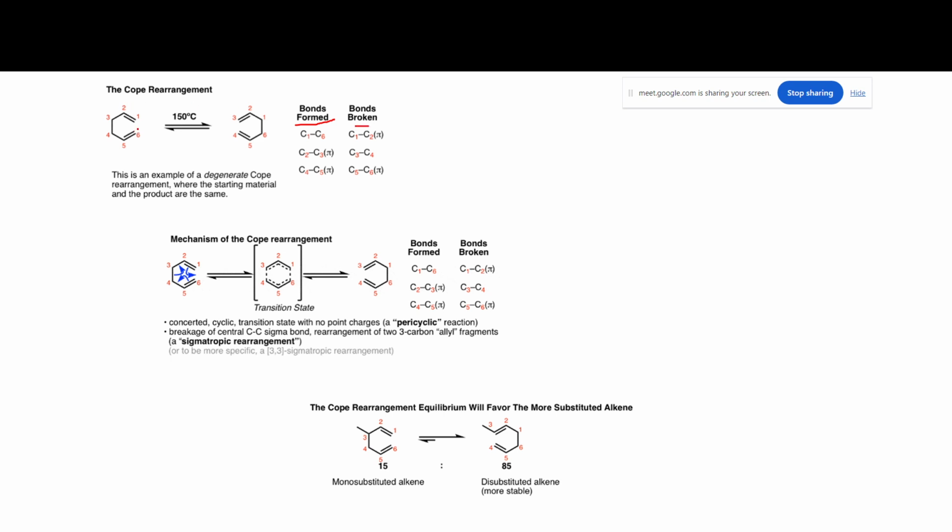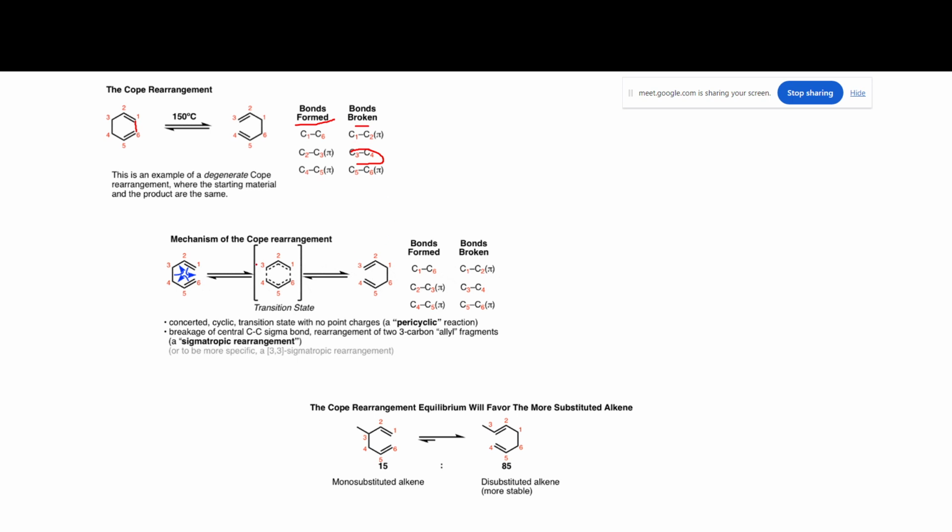First, the C1-C6 bond is newly formed and the C3-C4 bond is broken. The C2-C3 double bond is formed, and the C4-C5 pi bond is formed, while the C1-C2 pi bond is broken and the C5-C6 pi bond is broken.